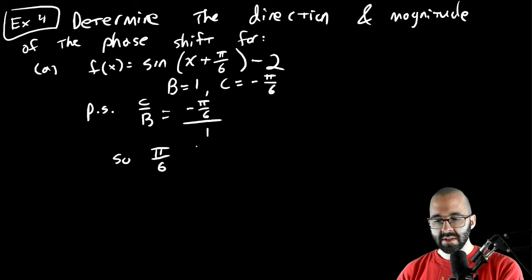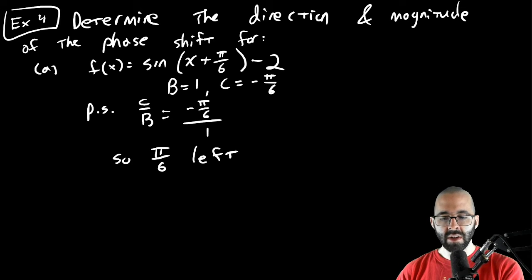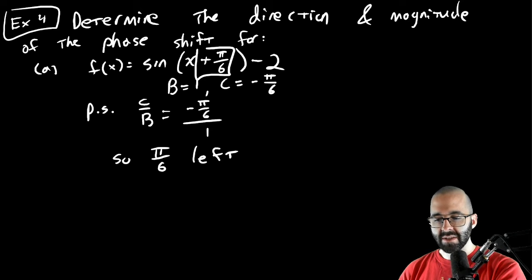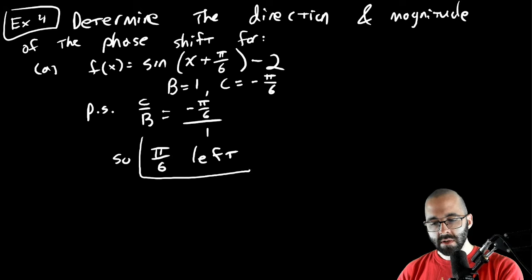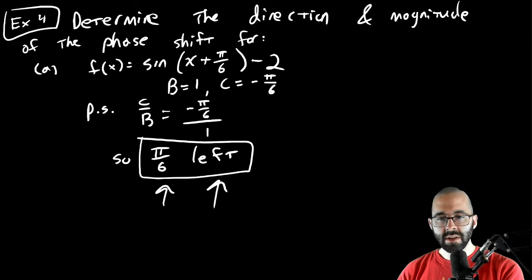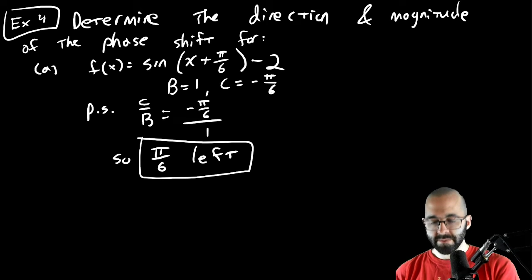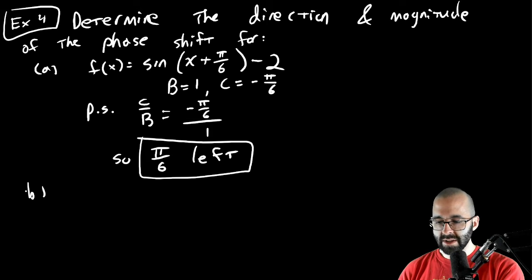So pi over 6 to the left because it's negative, or to the left because there's a positive here. However you want to think about it. That's magnitude, and that's direction. And that's exactly what we're supposed to do in these problems.